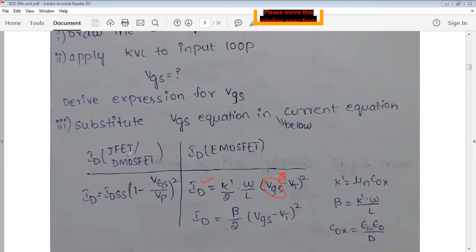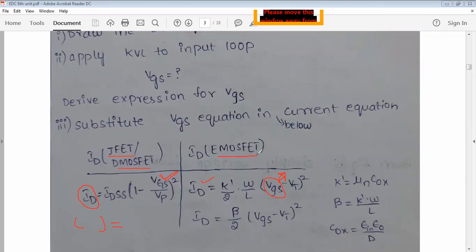If it is a JFET or depletion mode MOSFET, you have to replace in the ID equation, then find VGS. If it is a JFET or depletion mode MOSFET, derive the input KVL equation, ID is equal to. Then substitute that equation here and find VGS.